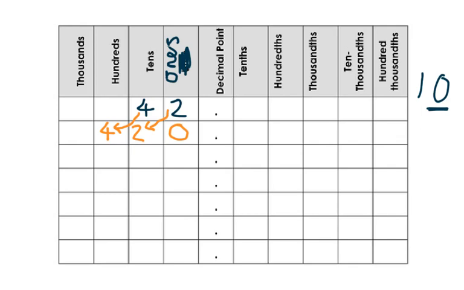To multiply a number by 100, let's start again. Let's have a different number this time. So 36. 100 has got 2 zeros on the end, so we're going to move our digits 2 places.